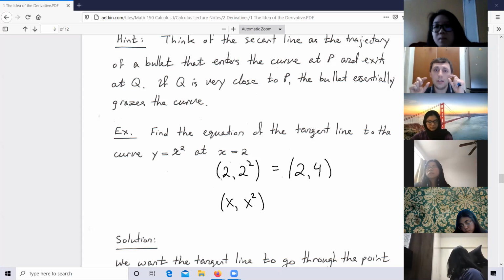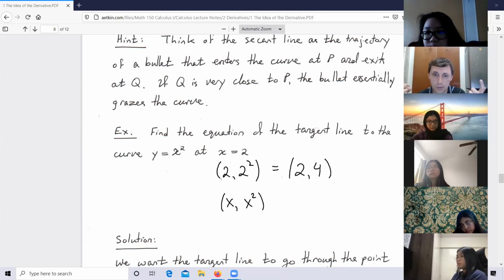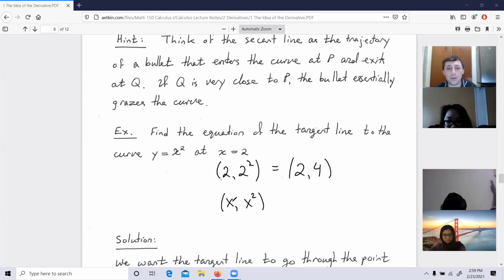So I will see 2, 4, or 5, 25. But I will not see 5, 7, because 7 is not the square of 5. Good? So even without knowing what the graph looks like, even though it's easy in this case, it's a parabola, I can imagine what it means to be on this curve, and what it means not to be on the curve. Okay, so I have those points. I have x squared, and 2 and 4. Now tell me, what do I do with those 2 points?